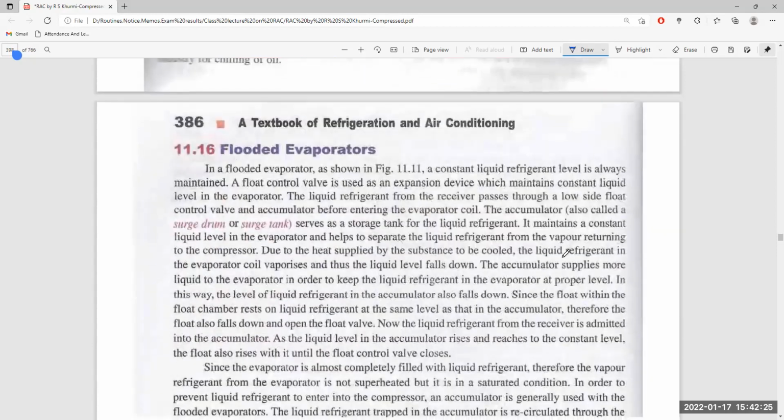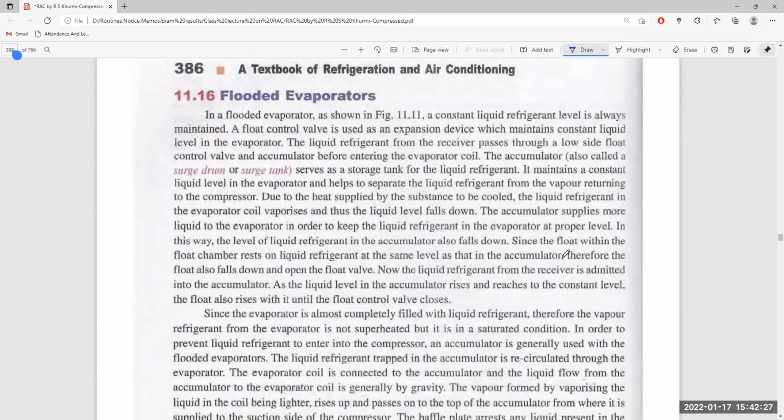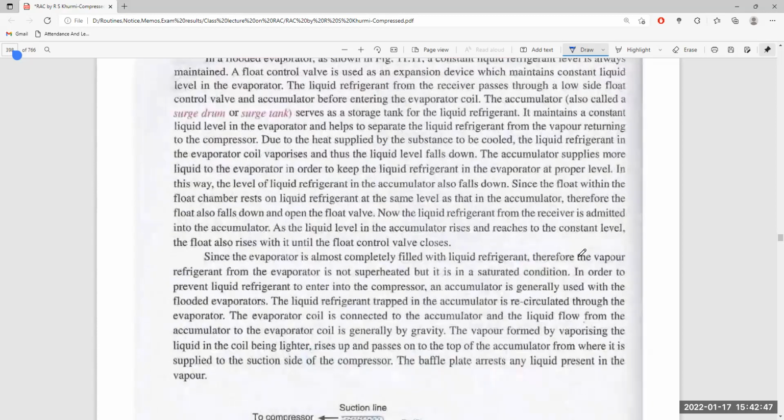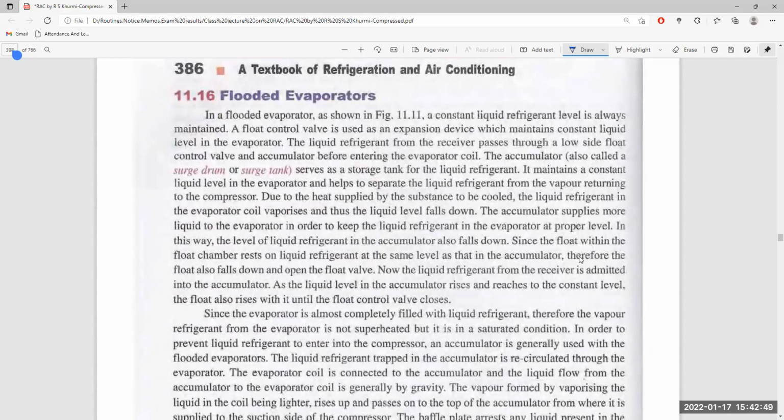Flooded evaporator. In a flooded evaporator, as in the figure below, a constant liquid refrigerant level is always maintained.